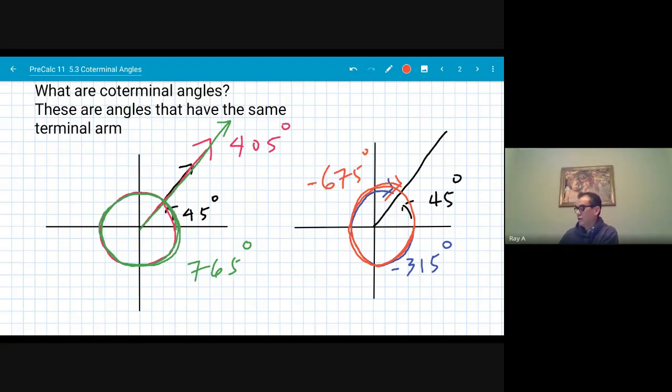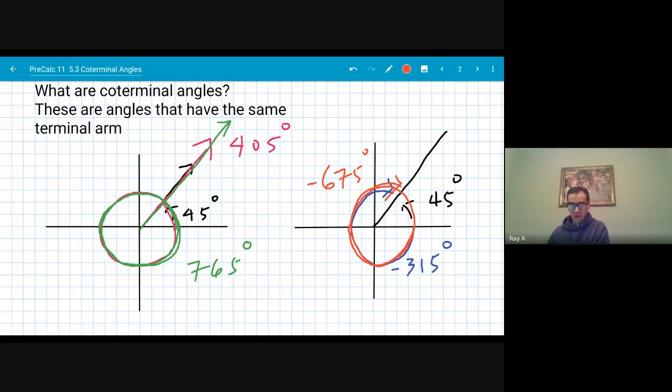If you're thinking, what is the math that I'm doing, all I did was look at negative 315 degrees and subtract 360. I wasn't adding 90, 180, 270 every time. That's too inefficient. So that is the meaning of coterminal angles. These are angles that have the same terminal arm. If you go in a counterclockwise direction, the coterminal angles are positive, and if you go clockwise, they are negative.